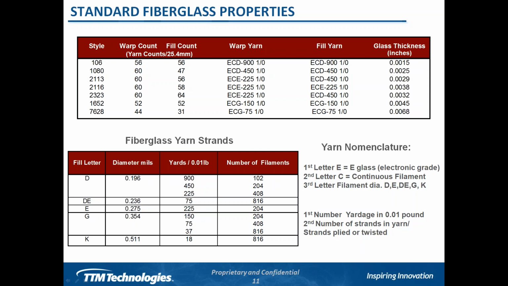So there's some numbers here that show some standard glass styles like 106, 1080, 2116, all the way up to 7628, and those are all acronyms in a sense that tell us what the glass thickness is of that mat, and then also what's used to construct the glass mat itself.